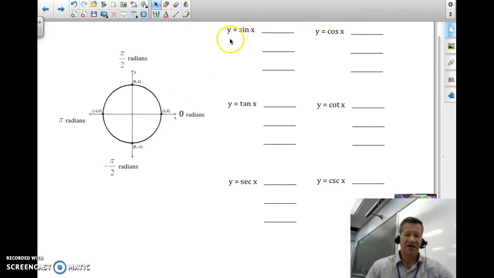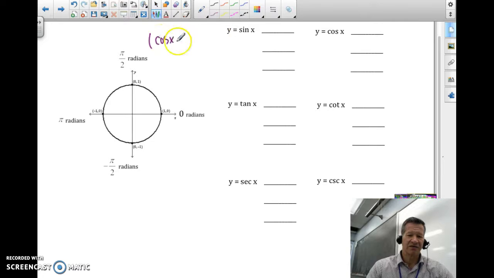For sine and cosine, remember, sine on the unit circle is the y value and cosine is the x value. I'm going to say theta here. So as I look for points on the sine graph, if I have an angle of 0, the point is 0.